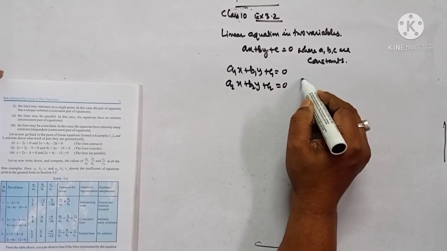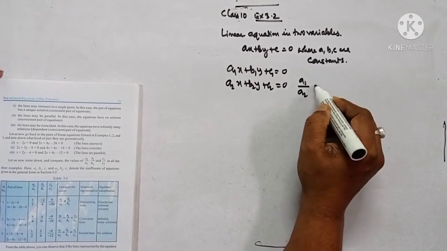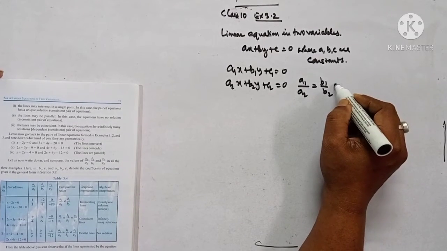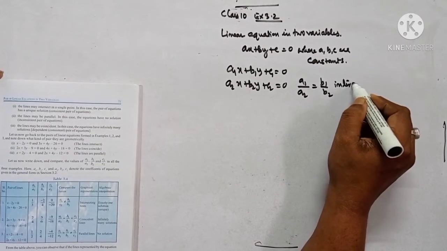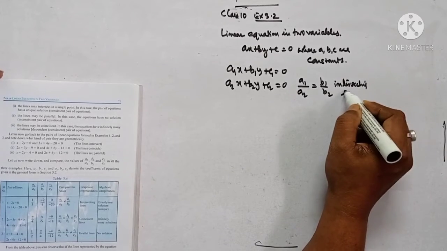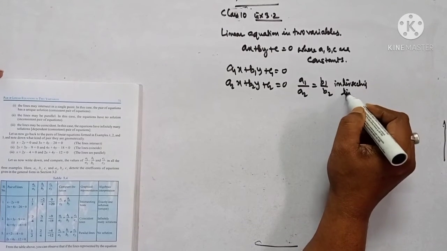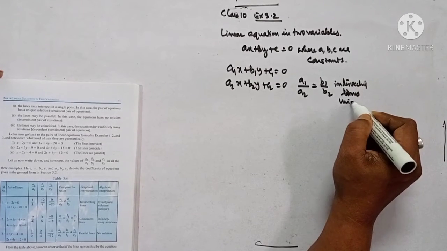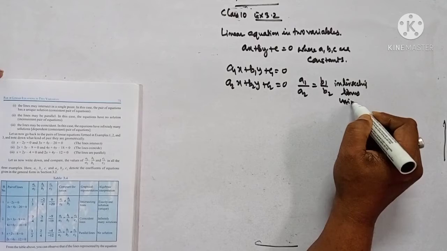So if a1 by a2 is not equal to b1 by b2, that means they are intersecting lines with a unique solution.